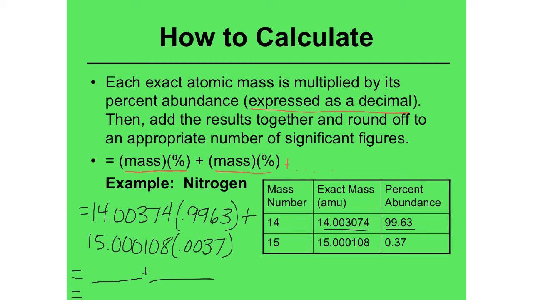Now, before we even pick up our calculators, common sense should tell us that the 14 one is way more abundant. So my mass is going to be way closer to 14 than it is to 15.